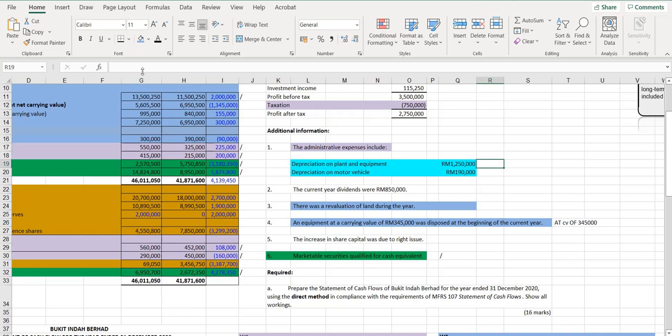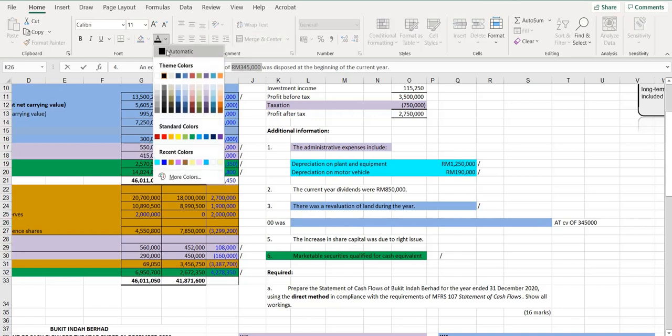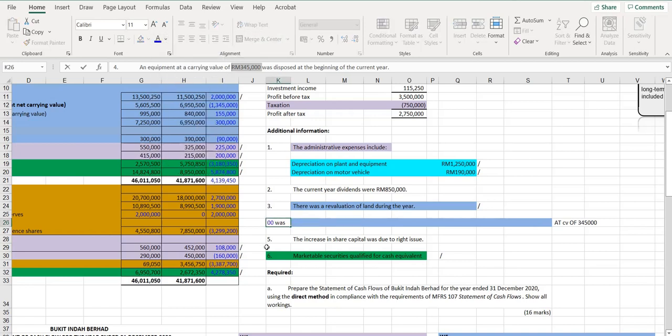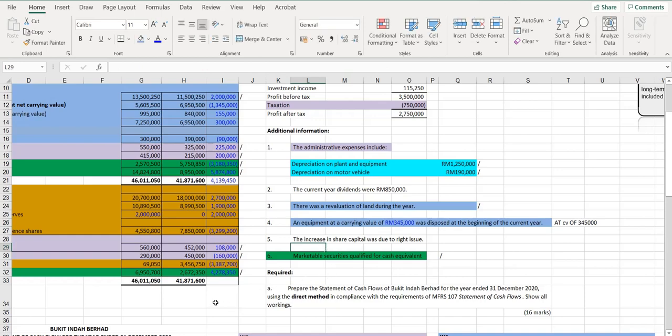Okay, that was what you have done. And that would be the one that you will have to show in your investing activities. So this 345 here would be the one that you will include under investing activities as your cash inflow. That was the shortcut way of doing it.